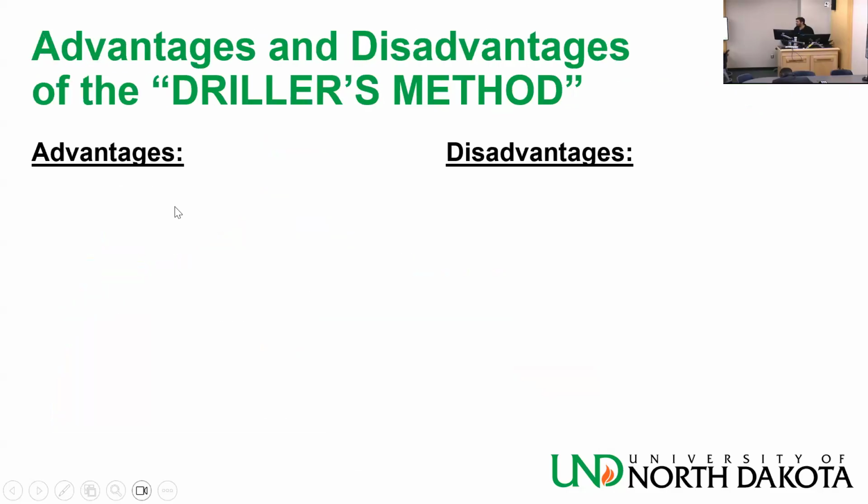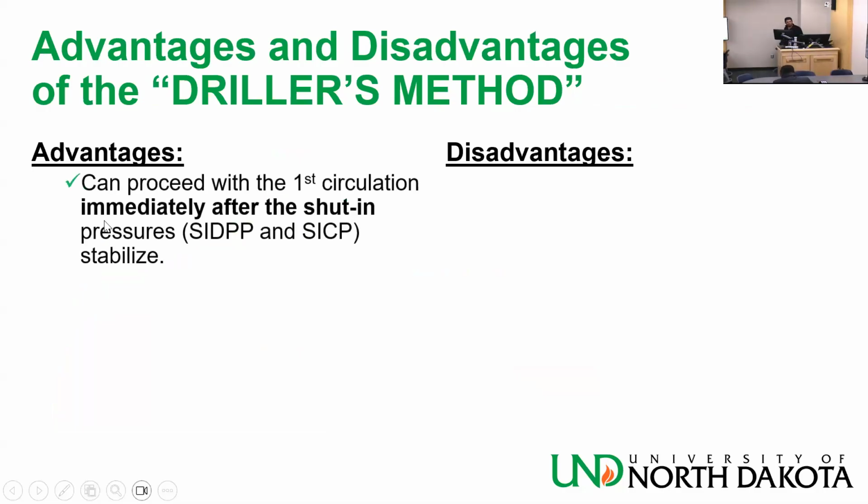what are the advantages of the driller's method? We already mentioned one. Is that you can proceed with the first circulation immediately after the shut-in without waiting for the pressures to stabilize. There is no wait time. I did wait for the pressure to stabilize a little bit because it was a very crazy case that we saw on YouTube.